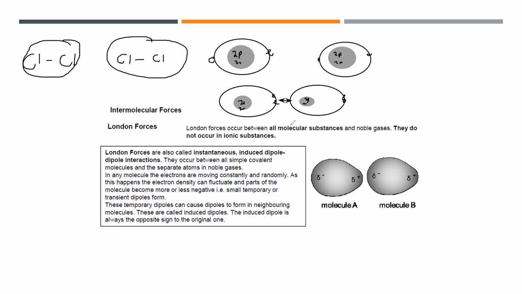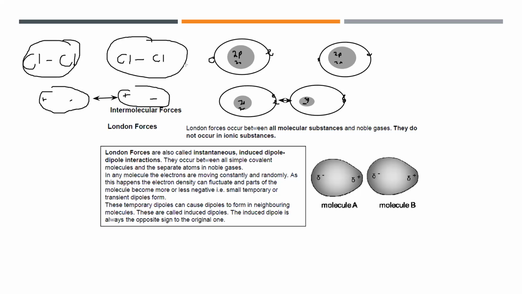They cause a distortion, so positive charge is distributed slightly to one side and negative charge to the other. This distortion makes an attraction between the positive and negative charges, and we call that instantaneous dipoles, or dipole induced dipole forces, or weak van der Waals forces, or London dispersion forces.